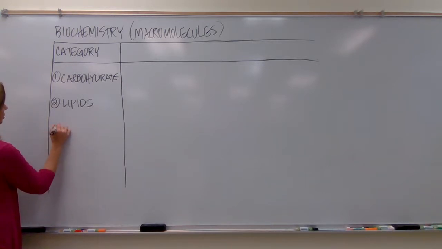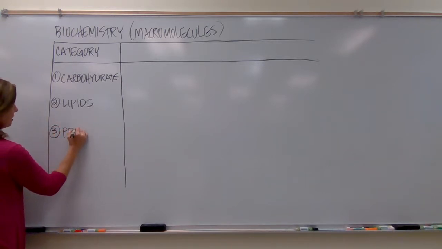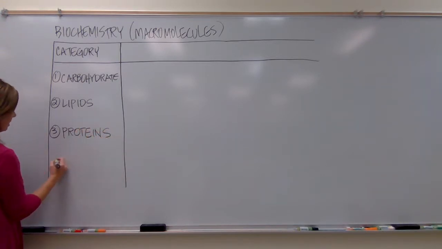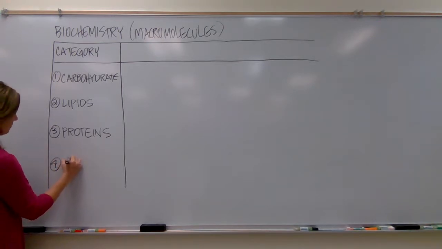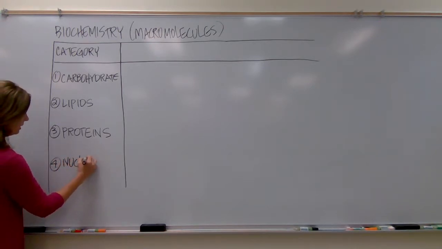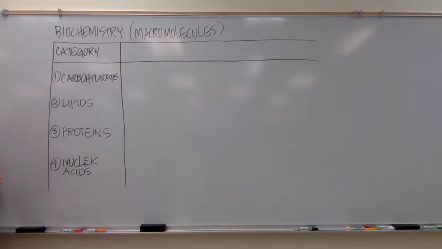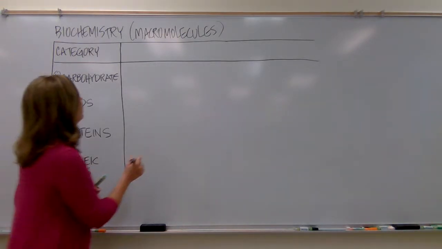Third on that nutrition label will be proteins. And the fourth that's not on the nutrition label is going to be our nucleic acids. Nucleic acids. All right, hopefully you can read that.